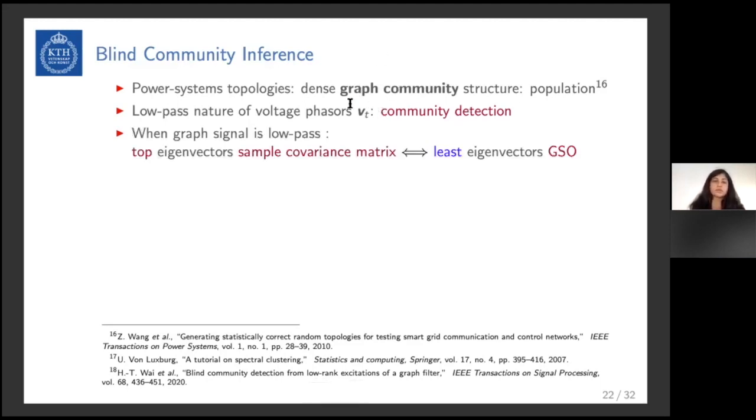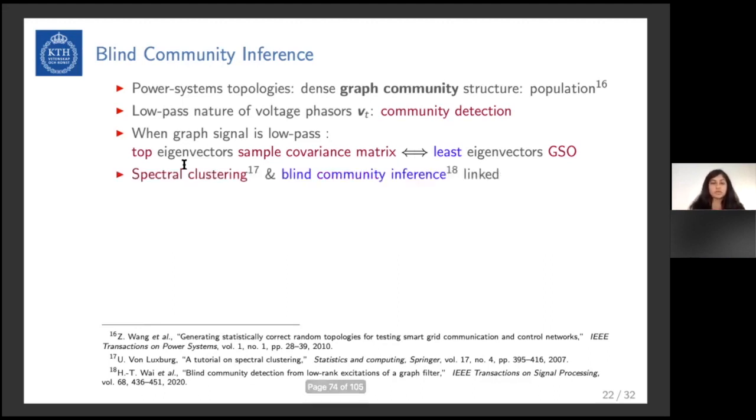So the theory says that when the graph signal is low pass, the top eigenvectors of the sample covariance matrix correspond to the least eigenvectors of the graph shift operator. By top and least, I mean the ones corresponding to the topmost eigenvalues and the ones corresponding to the least eigenvalues.